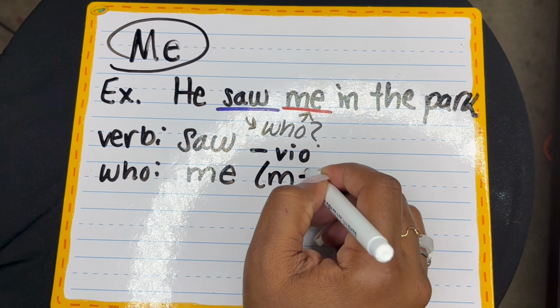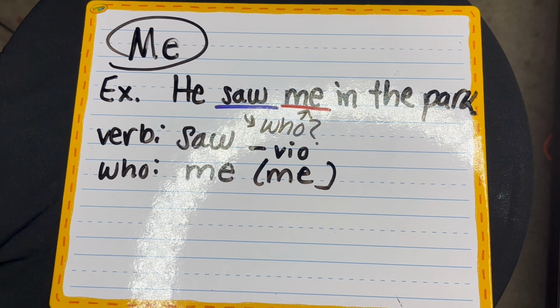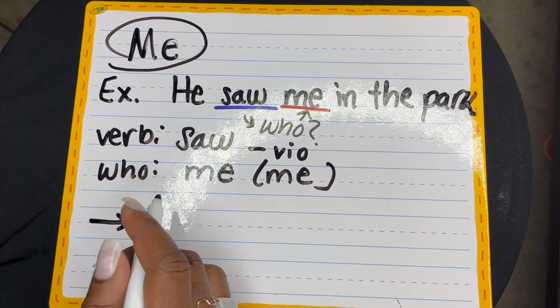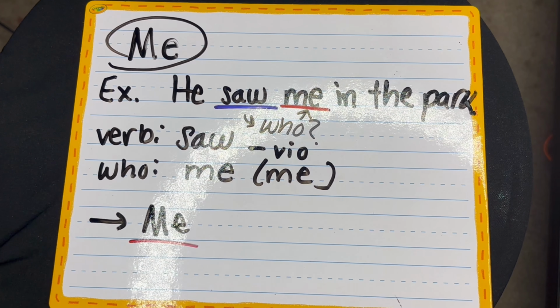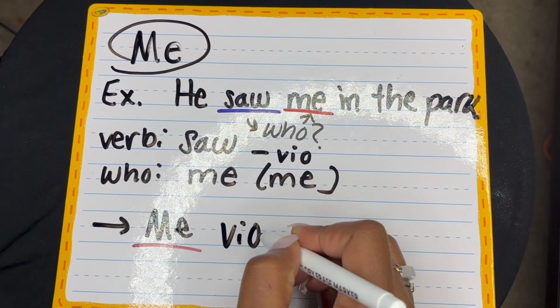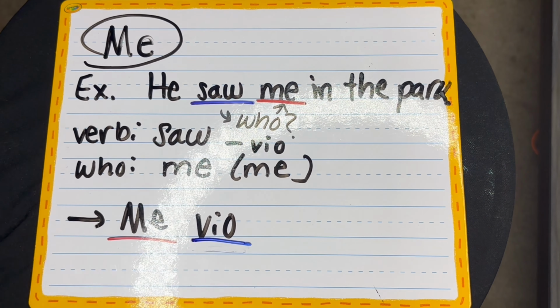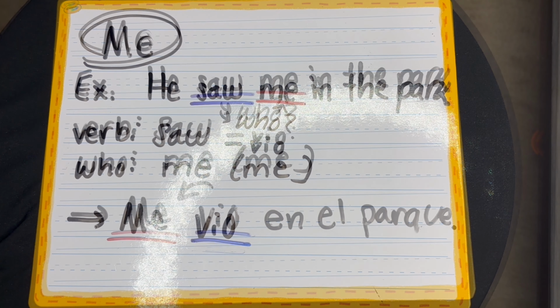So it's the same word, just pronounced differently. Me, me. Okay? So our final translation is going to be, let's get our red. Me vio. And we need blue for vio because that's he saw, okay? He saw me, right? Me en el parque.